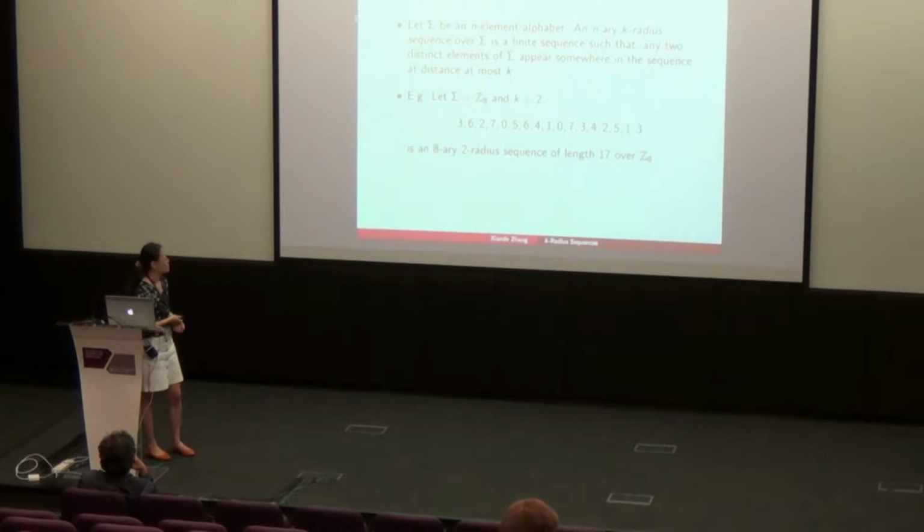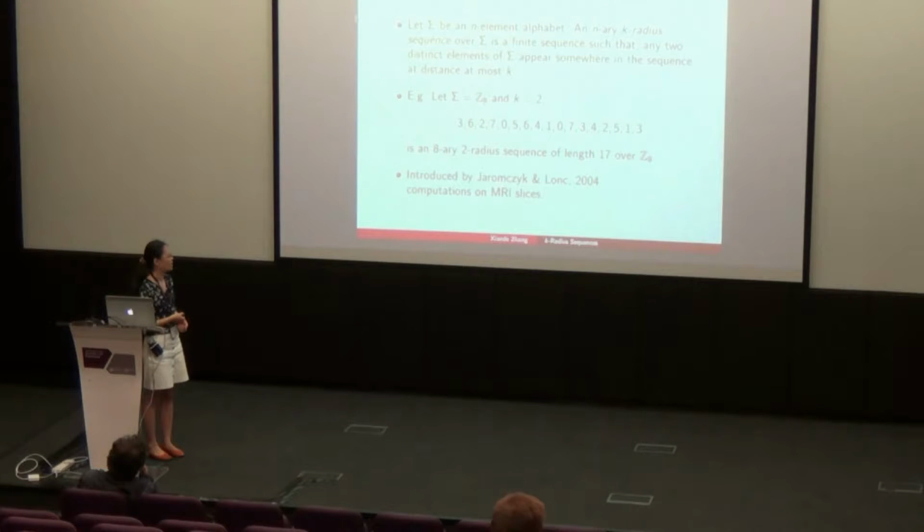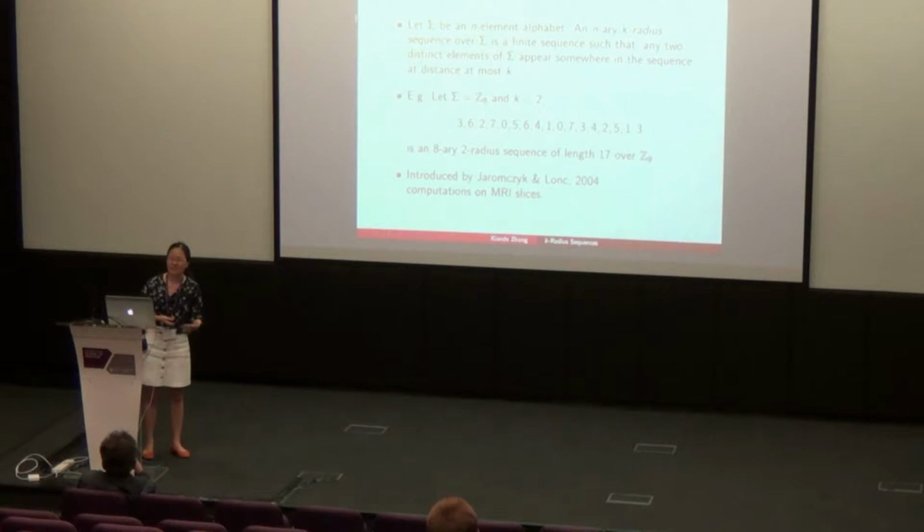This is the problem, and it was introduced by these two guys. I don't know how to pronounce their names, so I just call them J and L, in 2004, when they considered some problems about computations on MR slices.